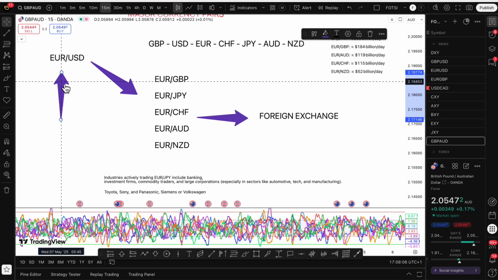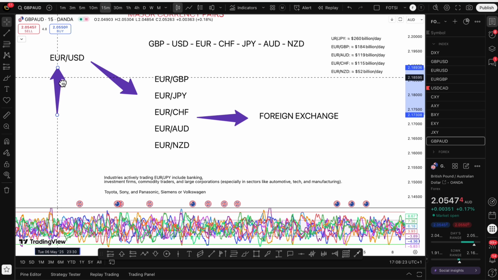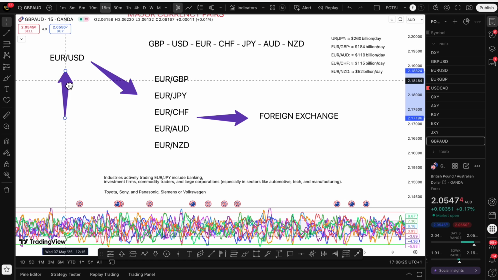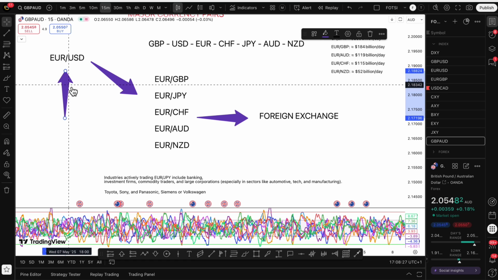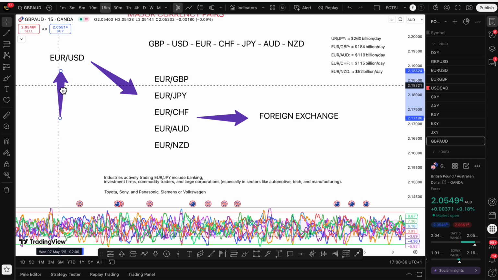If you think Tesla and Apple stocks and indices such as the Dow Jones, Nasdaq, S&P can all trend for a year and go to the moon, forex doesn't do that. The reason it doesn't is because they need to come back to equilibrium, they need to rebalance. That is why you need to pay attention to the currency strength index, especially for strategies like mean reversion. They need to come back to the mean.